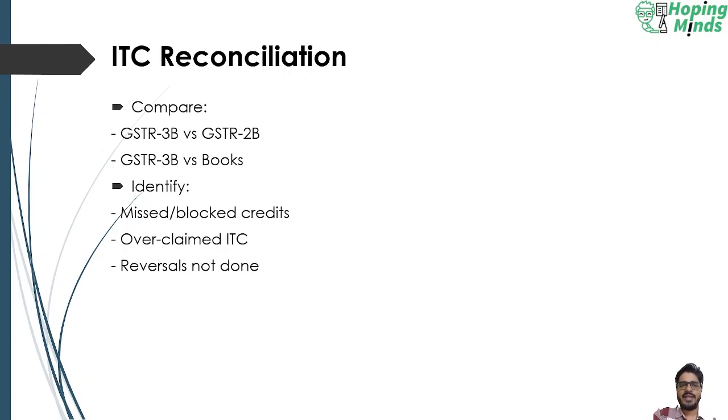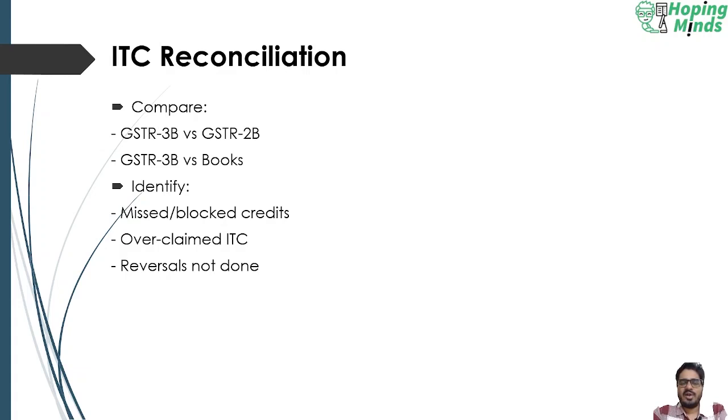Next is ITC reconciliation. So for reconciling the input tax credit, one must compare the GSTR 3B return versus the GSTR 2B return. So the input tax credit column, that is table 4 of GSTR 3B, gets auto-populated with the data as per GSTR 2B.